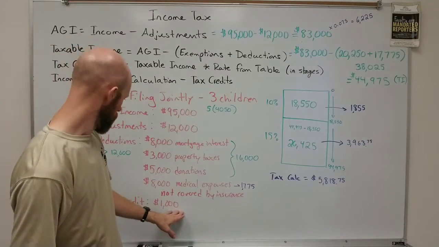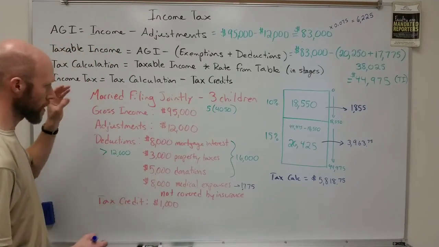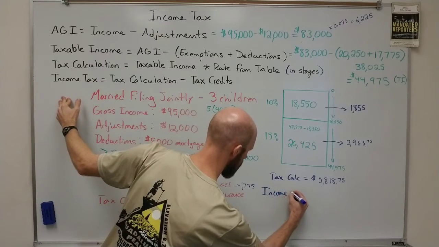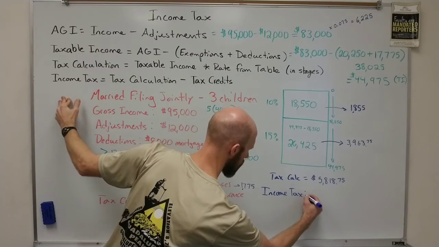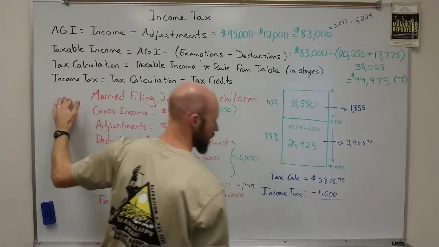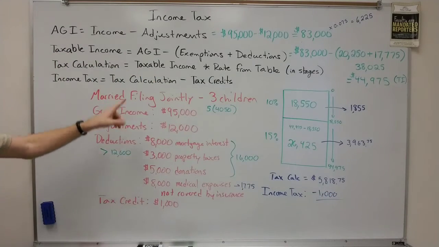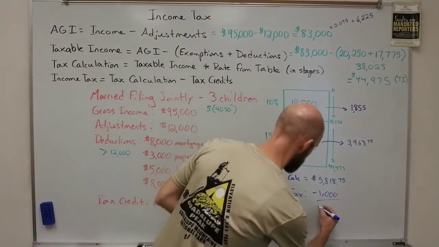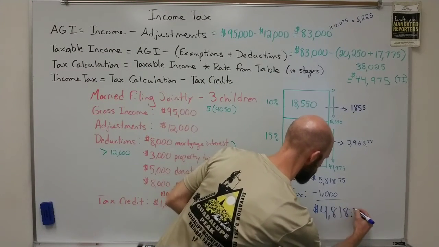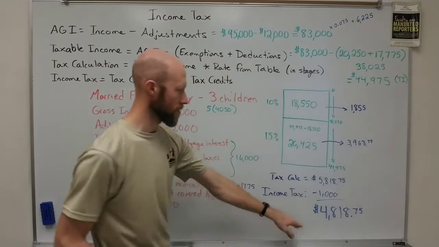And so to get the income tax itself, we're going to subtract off that extra $1,000 tax credit, and that will give us $4,818.75.